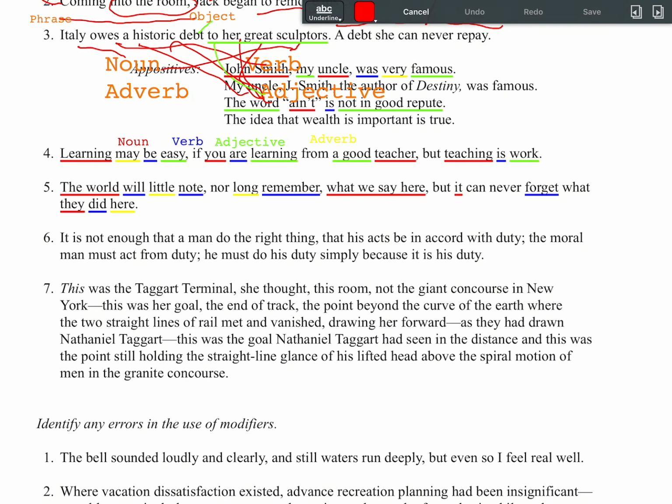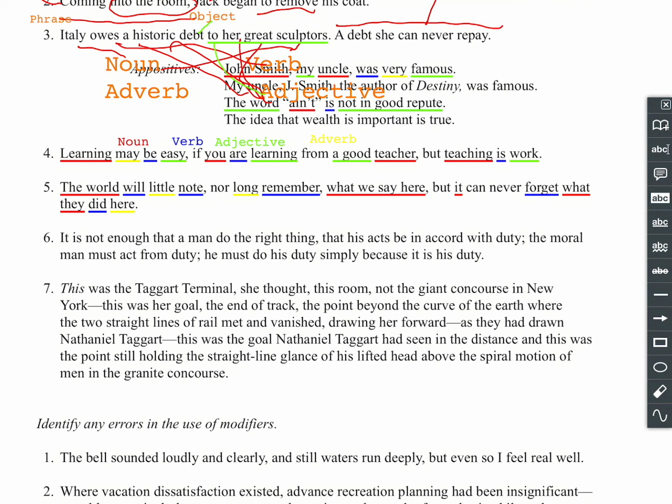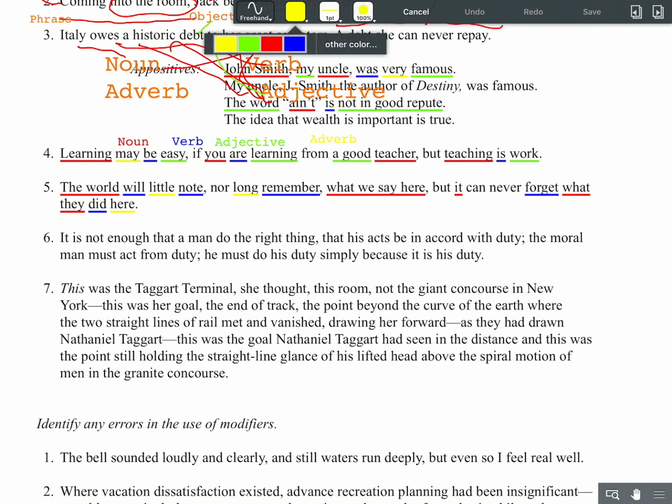So the what here is a noun because it refers to a thing. It doesn't make sense on its own though, it would be really incomplete. And then I'm going to freehand, go to red for noun, and then we're going to bracket that part as a phrase. Noun phrase.